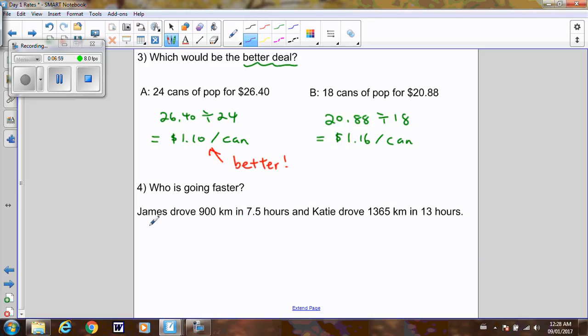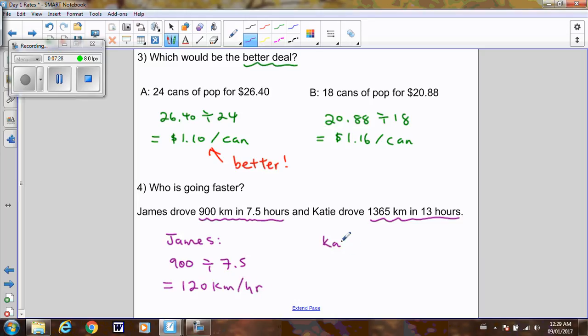Okay, last one. Who's going faster? James is driving 900 kilometers in 7.5 hours, and Katie drives 1,365 kilometers in 13 hours. Let's figure out who's going faster. For James, we have 900 divided by 7.5, and you're going to get 120 kilometers per hour.